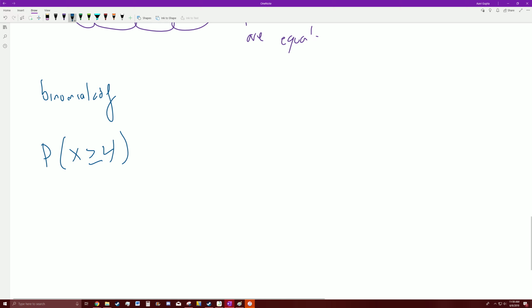If we did binomial PDF on the calculator, we know we're doing 5 trials, the probability of success is 0.54, and the X value is 4. We paste. No, that's not correct. How will we write this? As 1 minus the probability that X is less than or equal to 3.